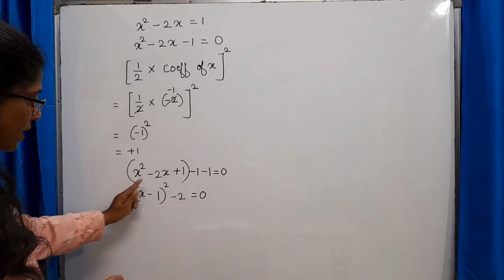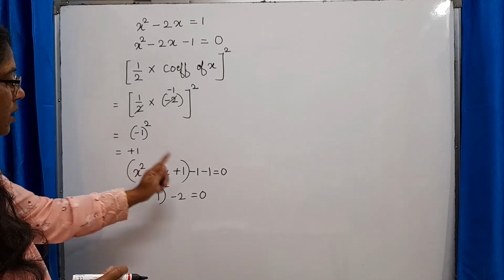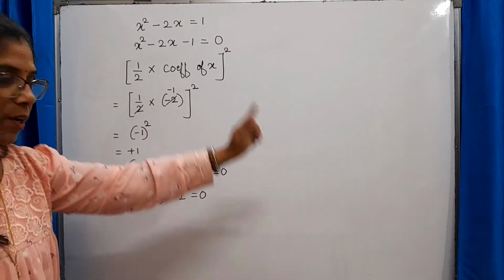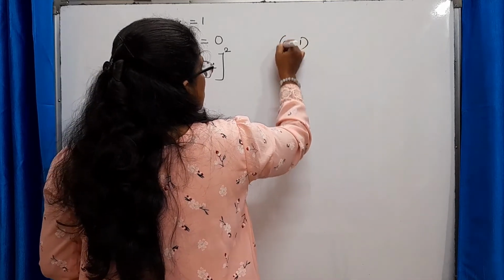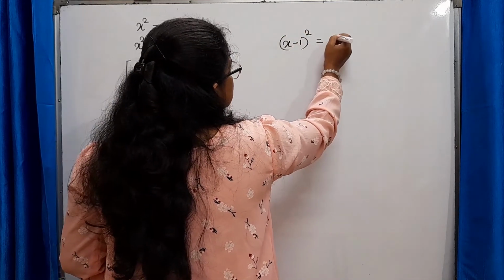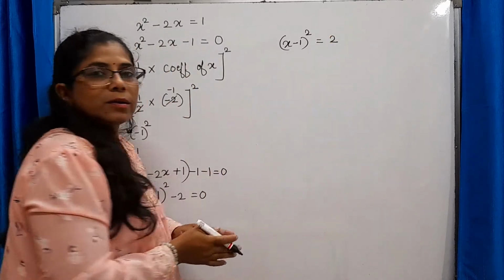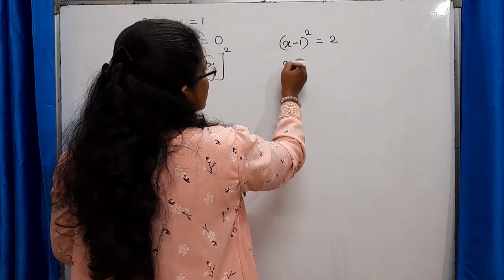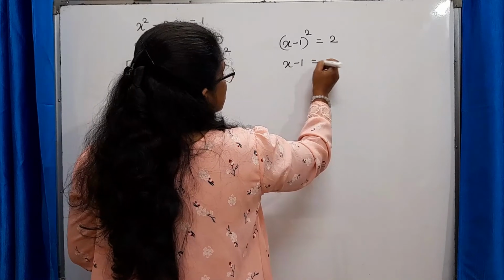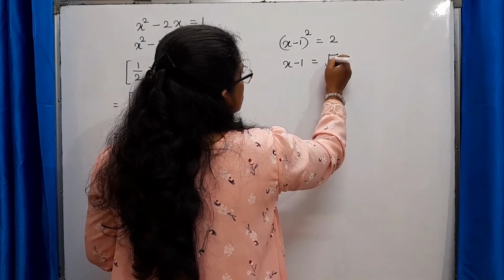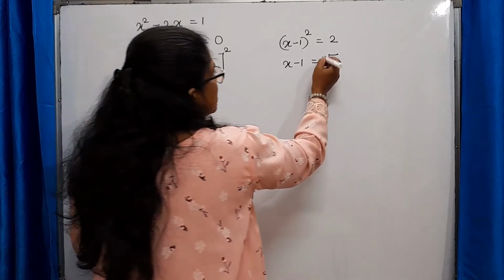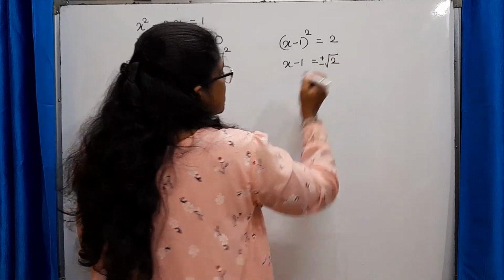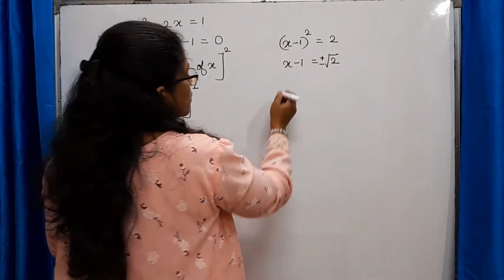Fine. Now x minus 1 whole square is equal to minus 2, we will shift it to RHS. So x minus 1 whole square is equal to 2. So x minus 1 is equal to square root of 2. And as 2 is not a perfect square, here itself we will write plus or minus square root of 2.